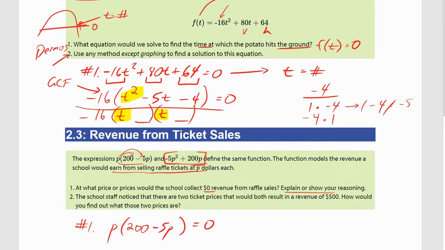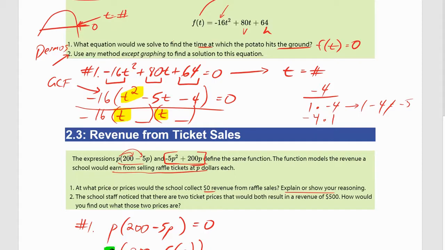Because if you plug in 0 for p, you end up getting 0 times 200, which is 0. So 0 equals 0. So 0 would have worked.